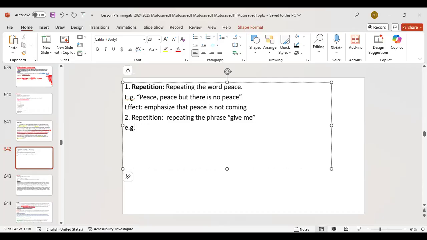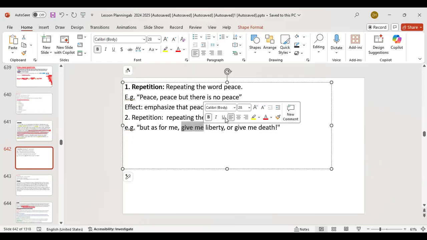Example: "give me liberty or give me death." So "give me." That's repetitive, right? Give me. Same thing with this one, peace.